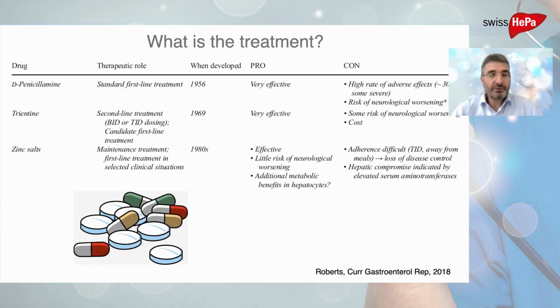Both treatments are very effective, and penicillamine tends to present a higher rate of adverse events. I will come back later on to these events. And trientine is a little bit more expensive. And besides penicillamine and trientine, we have also zinc. And zinc is used for the maintenance treatment, is very effective when there is a moderate accumulation of copper, and it has very few side effects.